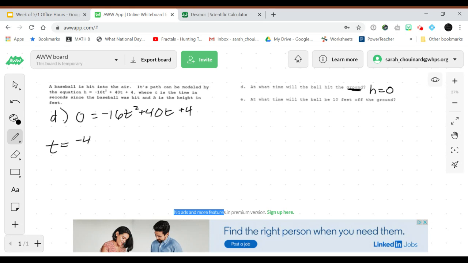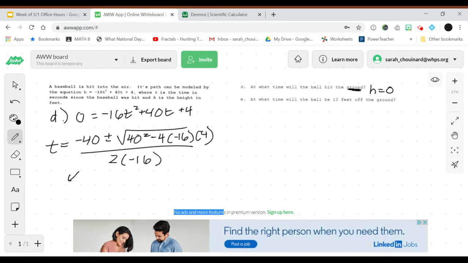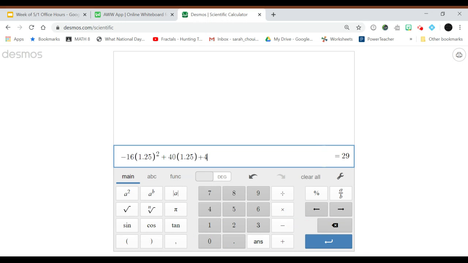So negative b plus or minus the square root of b squared minus 4ac all over 2a. So this is going to give us two answers. Let's get our calculator and see what they give us.